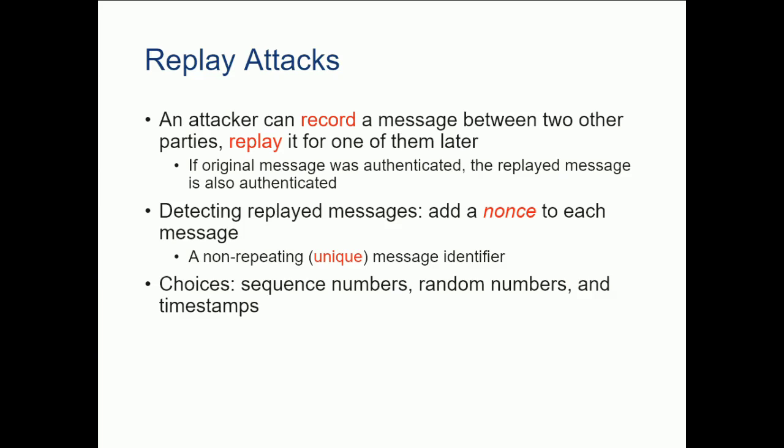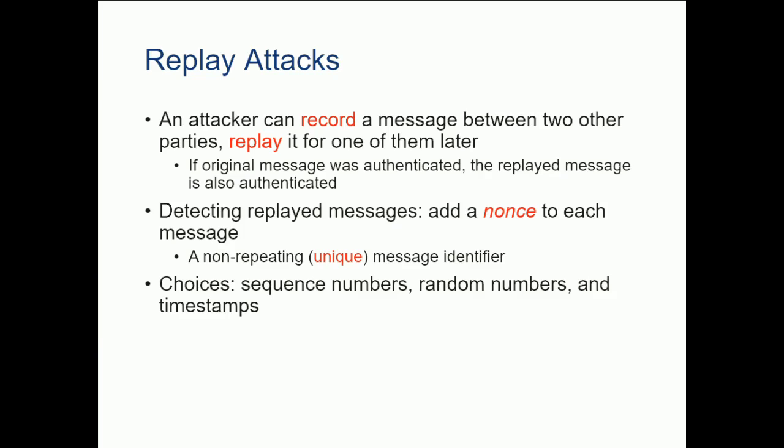To detect the replayed message, or to defend against the replay attack, a common practice is to add a nonce to each message. A nonce is basically a non-repeating, unique message identifier. A nonce can be made public.